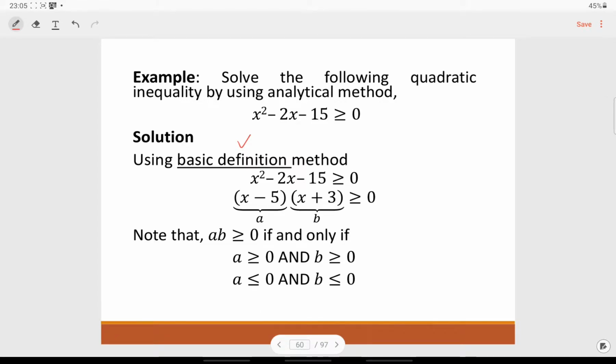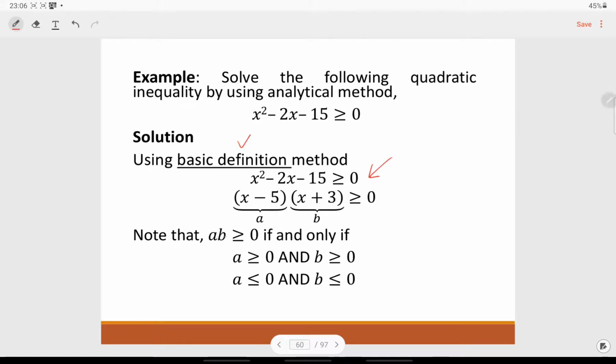We express the given inequality like this. Because this is a quadratic expression, we can factorize it, and it becomes (x minus 5)(x plus 3) greater than or equal to 0. We consider the first factor as a, the second factor as b, and go back to the basic definition in the previous slide.